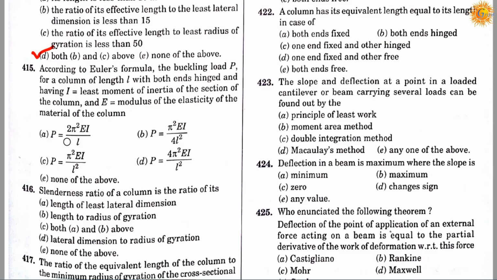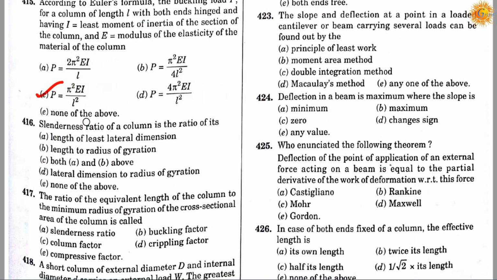Option A is P equals 2 pi square EI upon L. Option B is P equals pi square EI divided by 4L square. Option C is pi square EI divided by L square, and option D is P equals 4 pi square EI divided by L square, and option E is none of the above. Correct answer is C, it will be P equals pi square EI divided by L square.